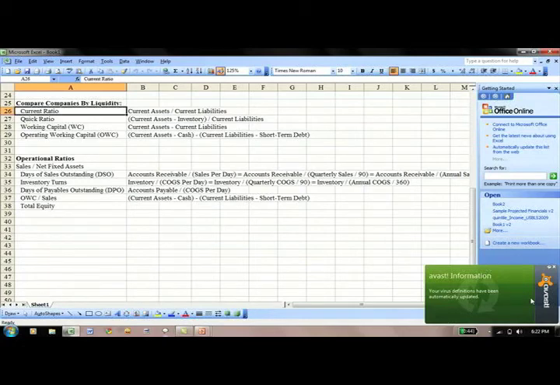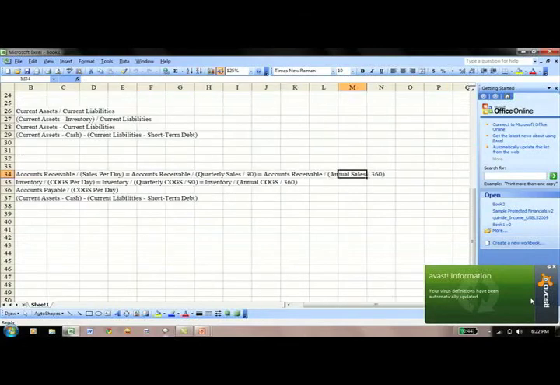Or if you're looking at this from an annual metric basis, you can do accounts receivable divided by the annual sales divided by 360. And I'll scroll over so you can see it. This is the part that I'm talking about. Annual sales divided by 360 gives you your average sales per day, and that's what you divide the accounts receivable by.